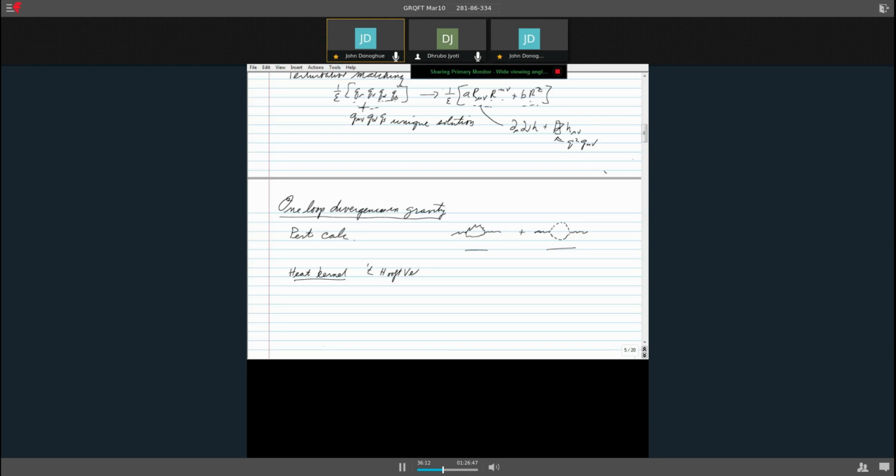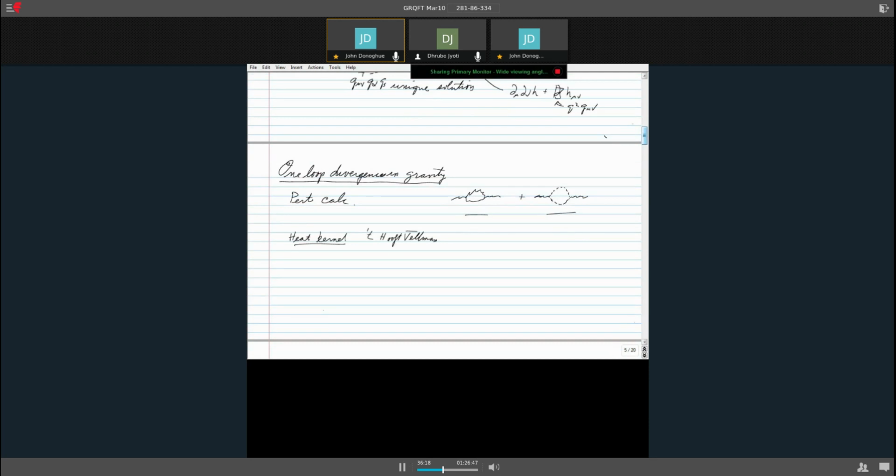Okay. So in the case of gravity, you can do the same thing. You can either do the perturbative calculation, which is this diagram with gravitons plus the diagram where you have these ghosts.